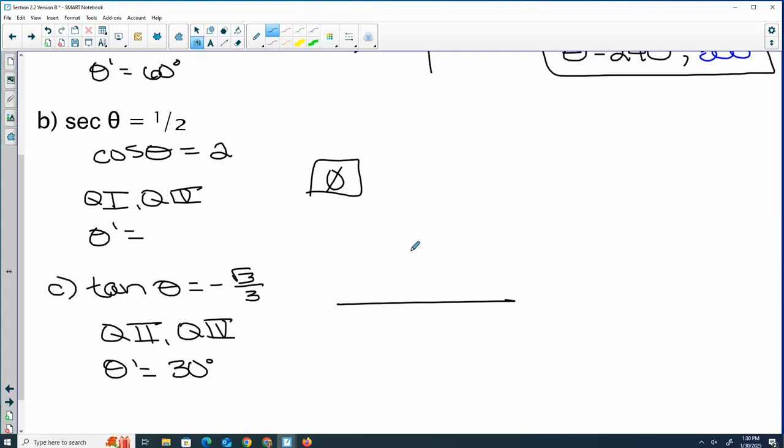Okay, so if I'm in quadrant 2, and my reference angle is 30 degrees, the actual angle would be 180 minus 30, or 150 degrees.